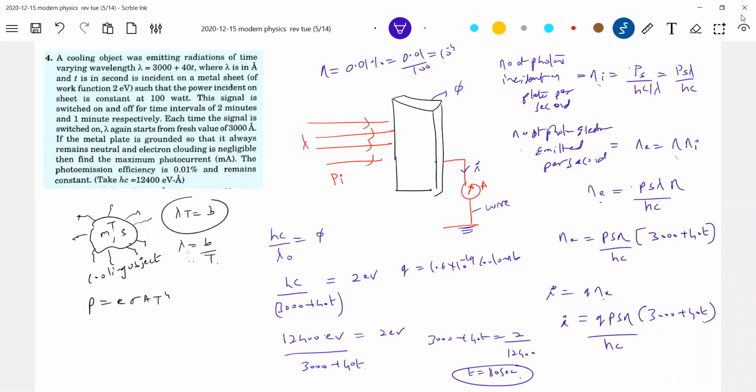What happened? 12,400 by 2, sir, you did it reversed. Oh, okay. Solve for T, you get 80 seconds. That T you substitute for maximum current. For T greater than that, will there be any flow of current?